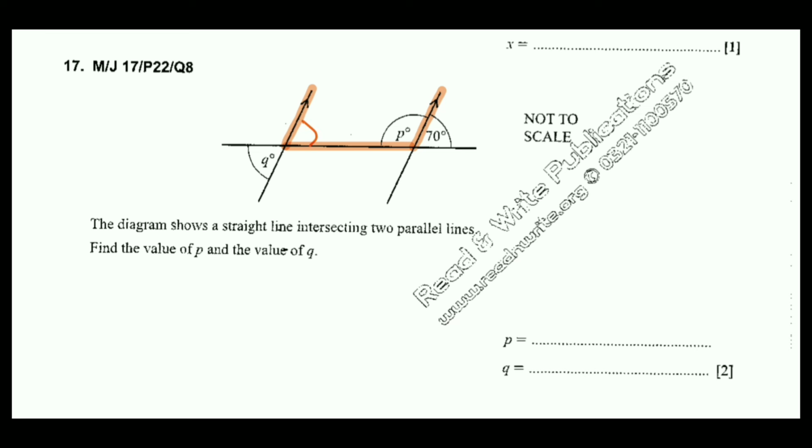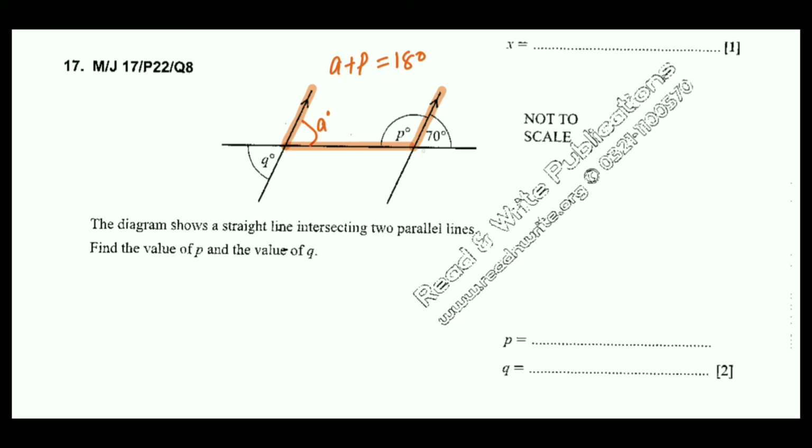Like this angle, you can suppose it as A. So A plus P is equal to 180 degrees. This is the supplementary angles property. So how can we find P first? If we find P, we can easily find Q as well.